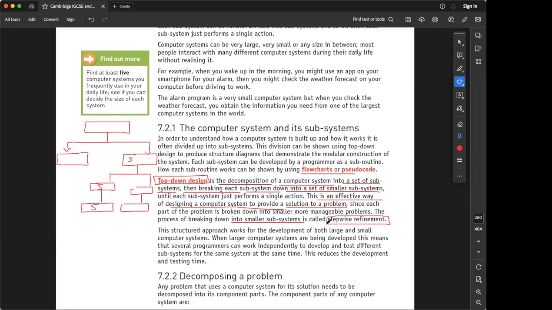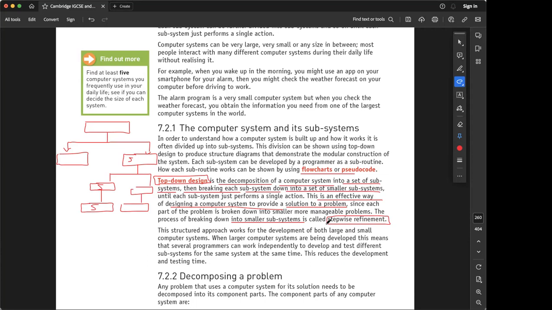This breaking down of a problem into smaller and smaller problems becomes stepwise refinement. Right? Okay, so I taught you about top-down design, subsystems, decomposition, and subroutines also. All these things come under the same thing.